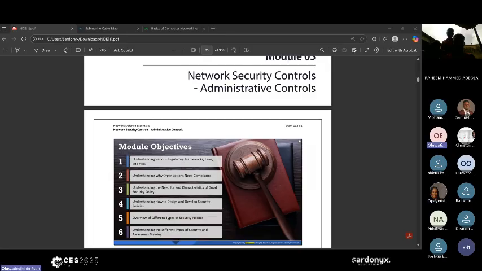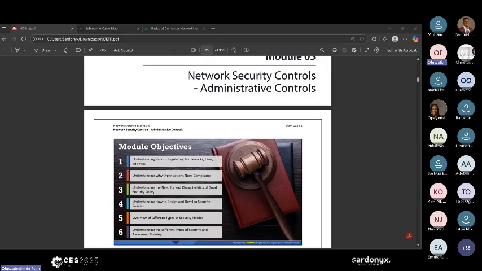AI cannot replace cybersecurity. It can only make cybersecurity easy; they work hand in hand. It can only complement cybersecurity, because AI itself needs security. That's why we have compliances.